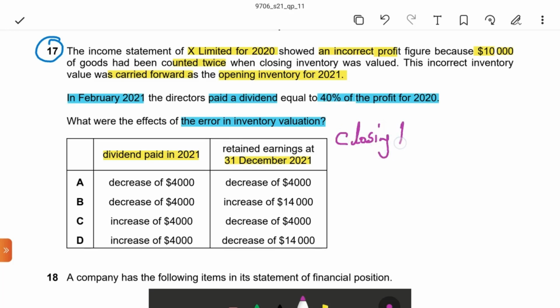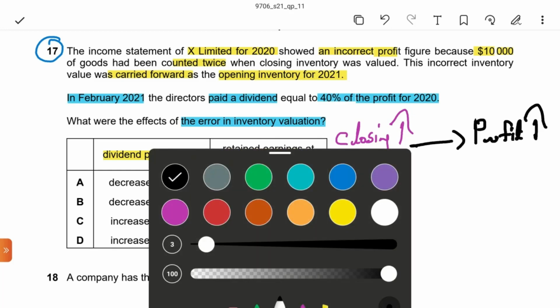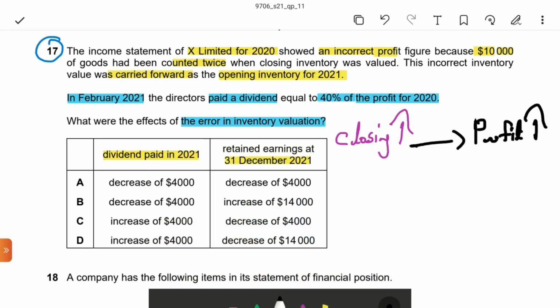When closing inventory is overstated, what will happen to the profit? Profit will be overstated. Do you know why? Because closing inventory is always deducted in the total cost. The more closing inventory we deduct, the more the total cost will decrease.